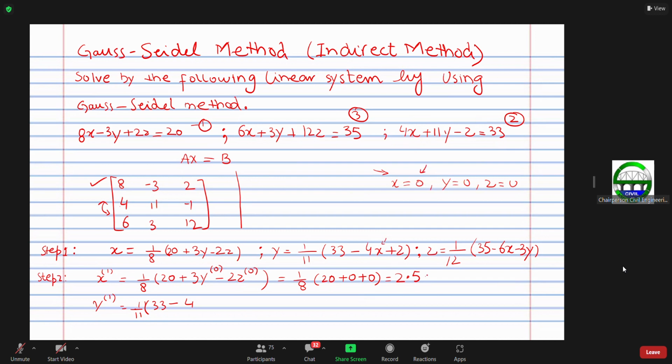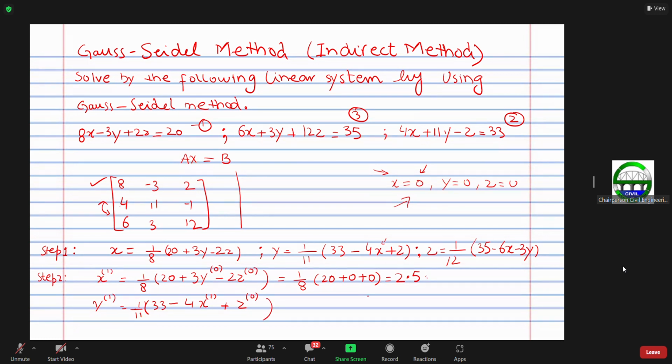I already calculated the value of x in here, right? So I am gonna use 4x1 plus z in the 0 iteration. 0 means the initial iteration value.